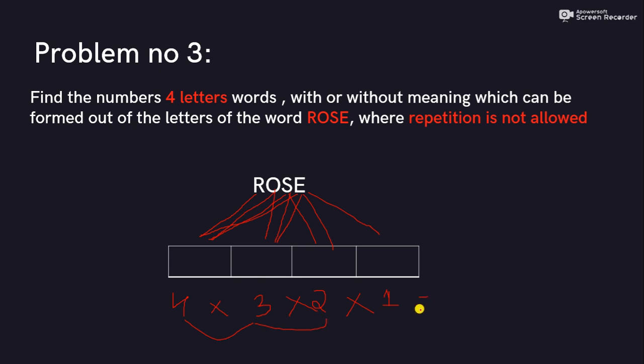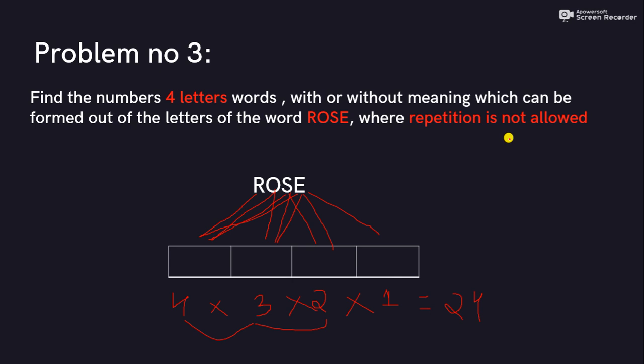So we can form 24 words, with or without meaning, using the word ROSE, and the condition is repetition is not allowed. So this is how we can do our problem.